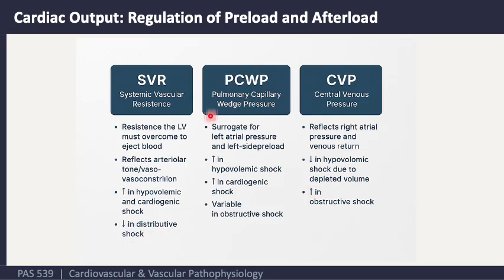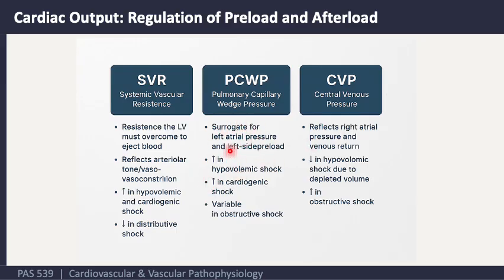Another term is pulmonary capillary wedge pressure. It is an indirect measurement of the left atrial pressure and for left-sided preload.